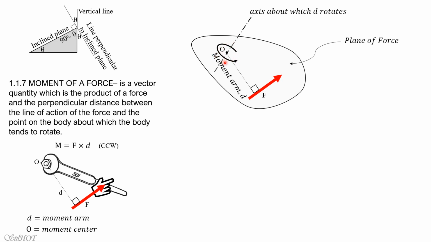Another representation of the couple is you position your right thumb towards the axis, which is outward. Then your forefingers will curl in the same sense as the rotation of the moment arm. And in other situations, this couple, which is equal to FD, is represented by double arrowheads, like that.